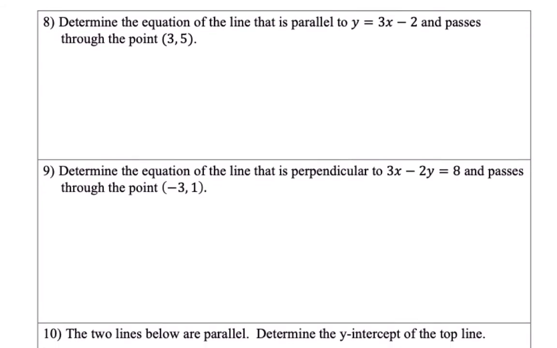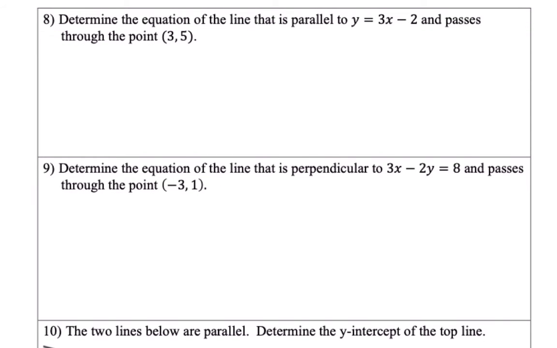So on question 8 you are asked to find an equation of a line. That's clear, that's your final answer. It has to be an equation of a line. And in this case, when you read the question properly, we have two lines involved. There is the first line with equation y equals 3x minus 2.